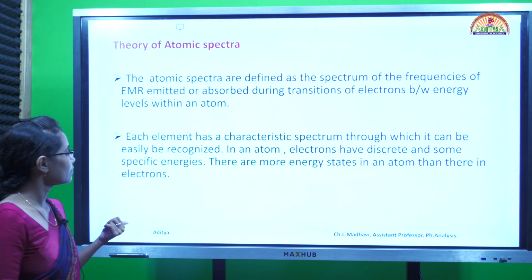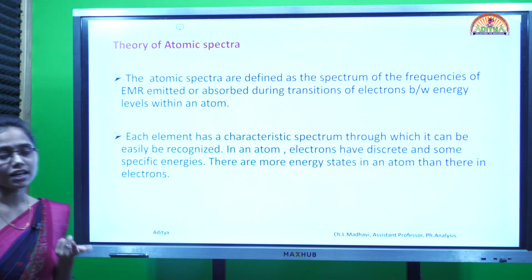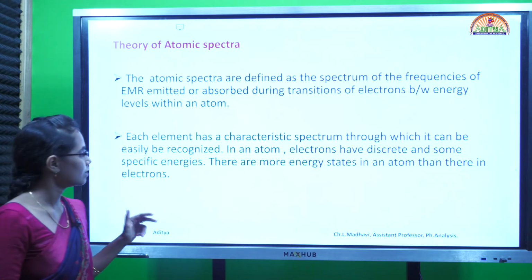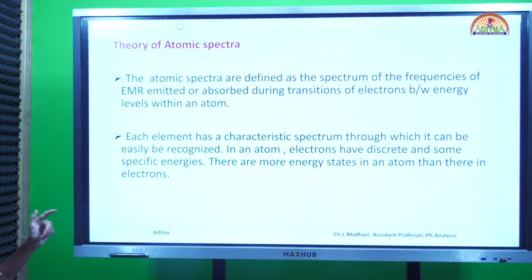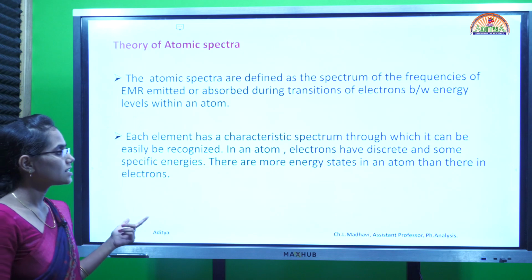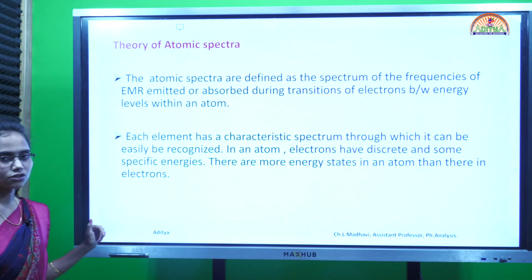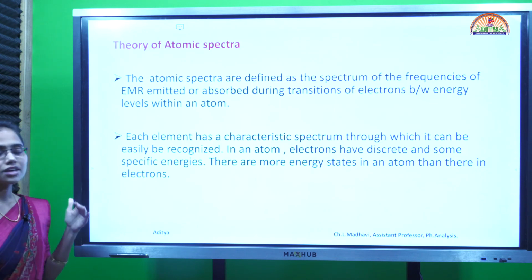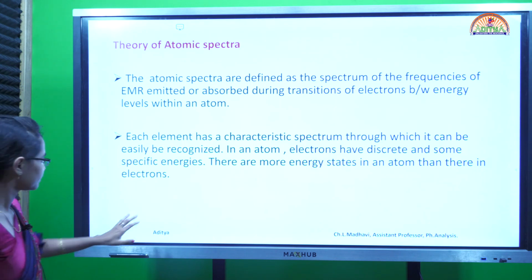Just like electronic spectra, which is characteristic, atomic spectra is also characteristic for all the elements. In an atom, the electrons have discrete and specific energies. There are more energy states in an atom than there are in electrons. As one atom has so many electrons, obviously the number of energy levels will also be more.